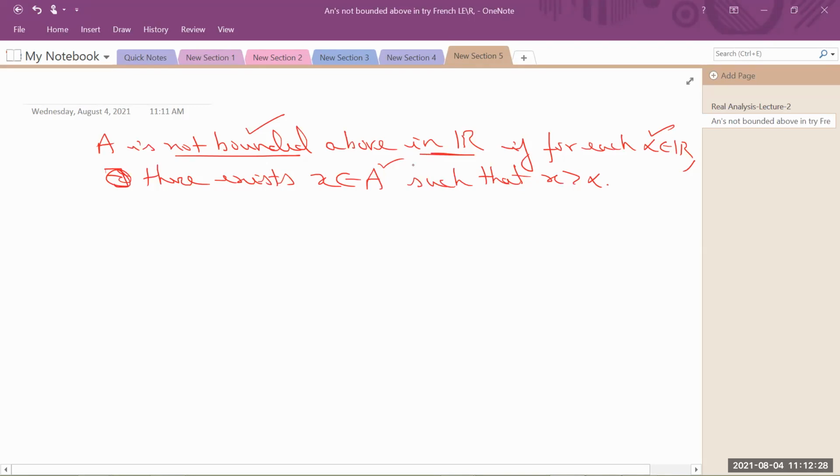So in terms of quantifiers, I can write that for every alpha belonging to R, there exists at least one X from the set which exceeds alpha. Whatever alpha you give me, there exists at least one member from the set which exceeds this alpha.